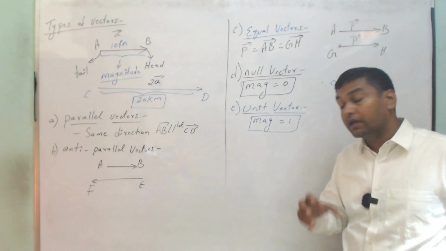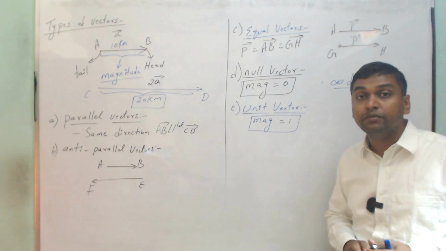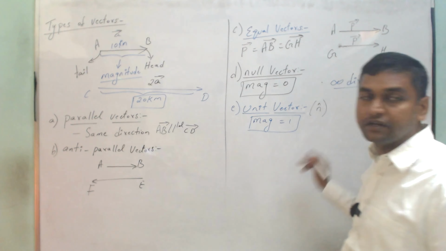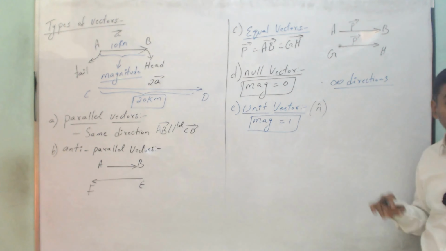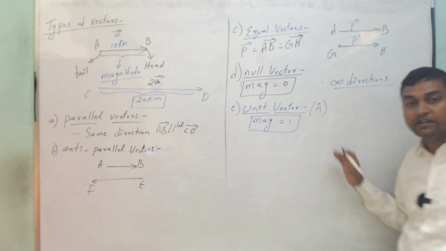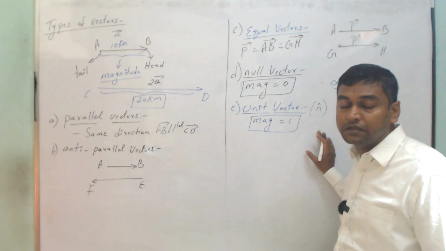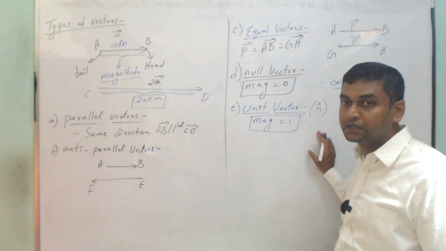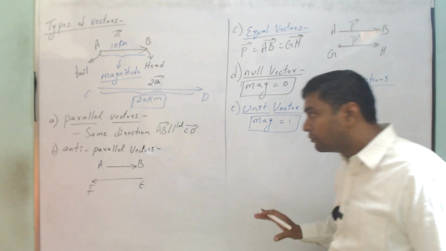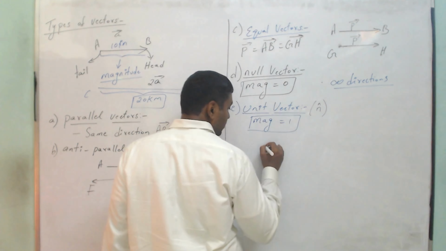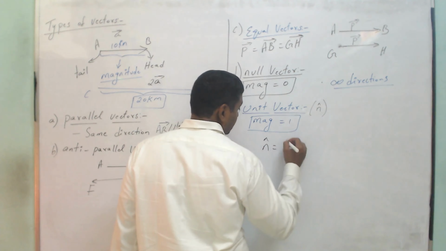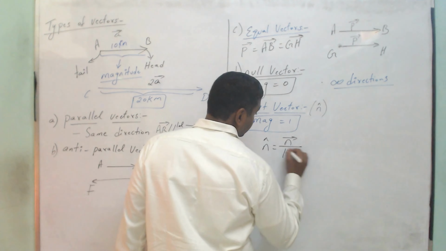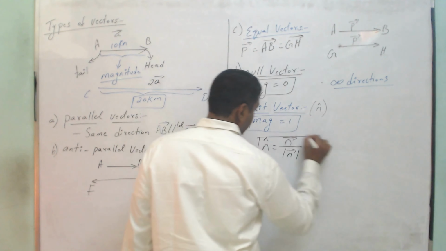Okay, a unit vector is denoted by a small alphabet with a cap on it, like this becomes n cap. Is it clear? And mathematically, how I define a unit vector: n cap is equal to the vector n bar divided by the magnitude of the vector.